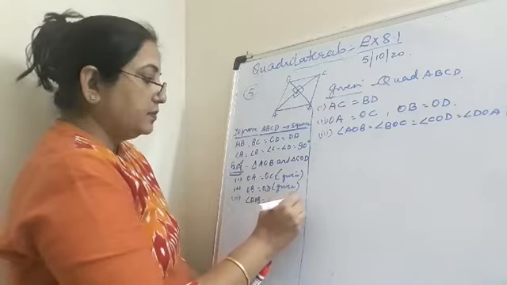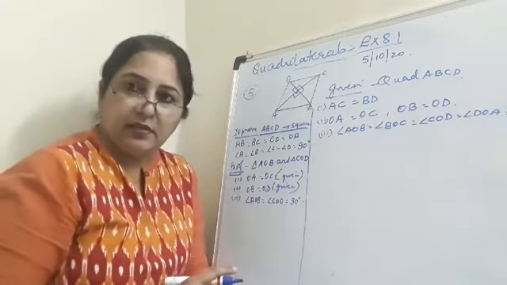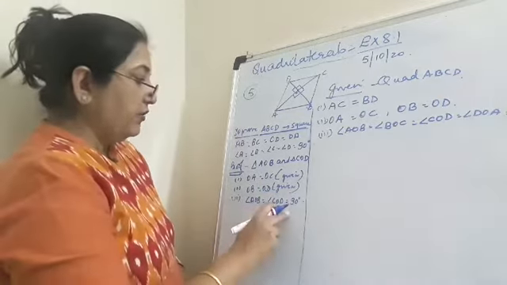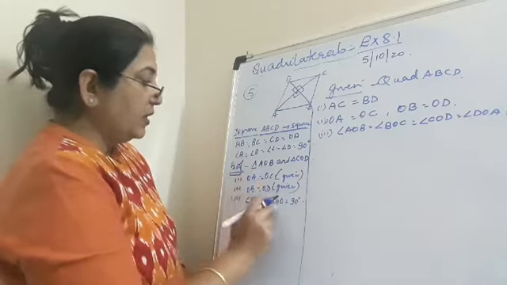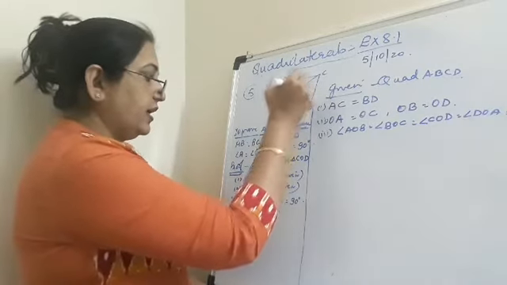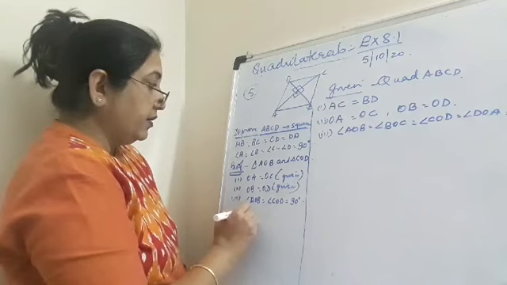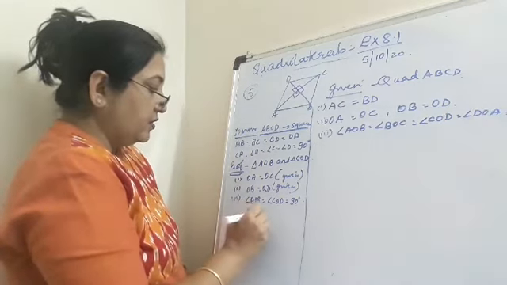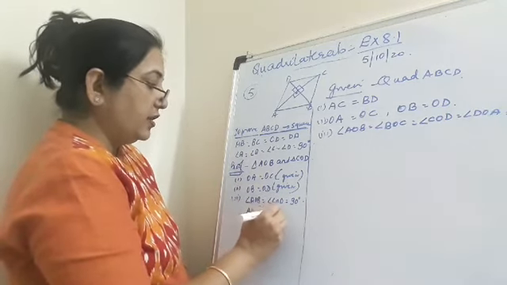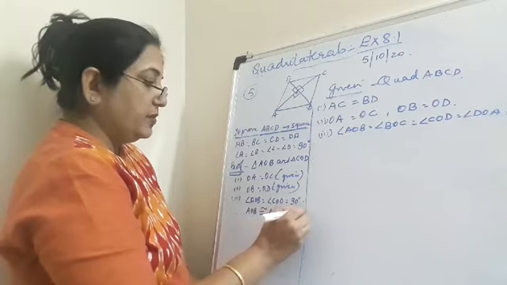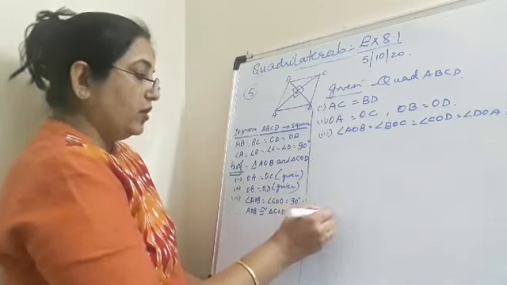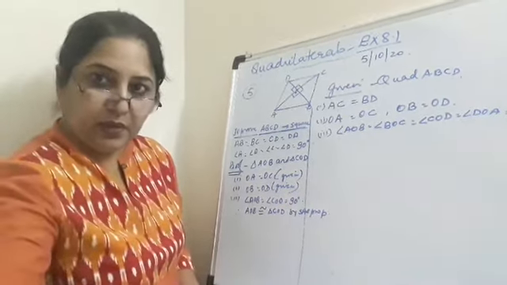And what is that? 90 degrees, because the diagonals are bisecting each other at right angles. So if you compare these 2 sides and 1 angle, you will write that triangle AOB is congruent to triangle COD by SAS property, or SAS criterion.